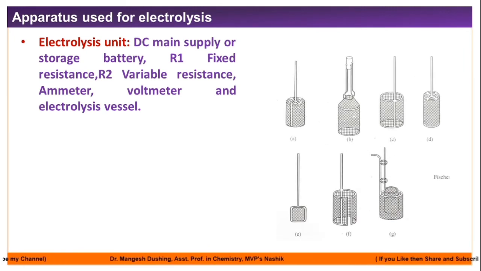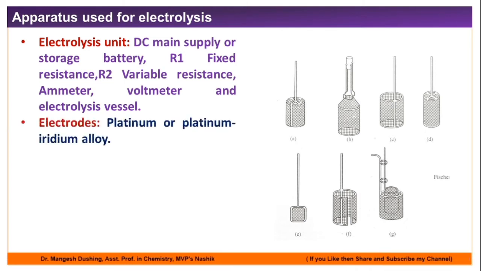Next are the electrodes. These electrodes are generally made from platinum or platinum iridium alloy. Various types of electrodes have been used. The gauze electrodes are preferred because they offer good circulation of electrolyte and a large surface area.